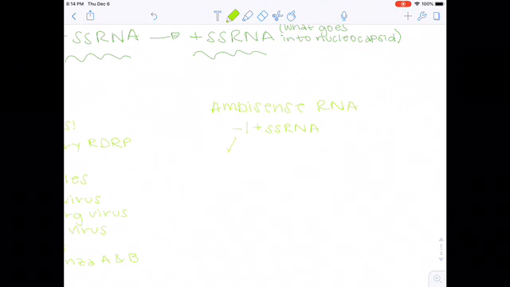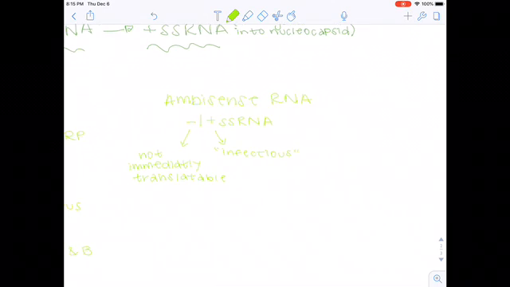So, as you remember a second ago, we said this positive sense is infectious, which means it is translatable immediately, or it acts as mRNA. So for ambisense viruses, the RDRP helps to transcribe the negative portion into mRNA, while the positive portion must be transcribed into negative sense.